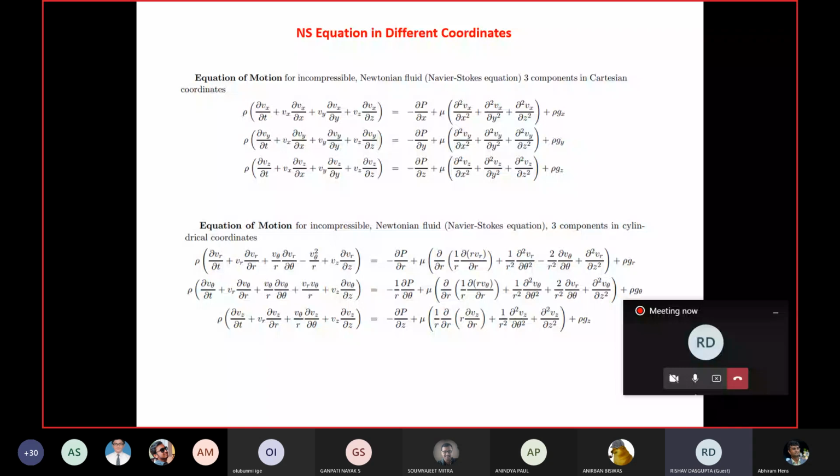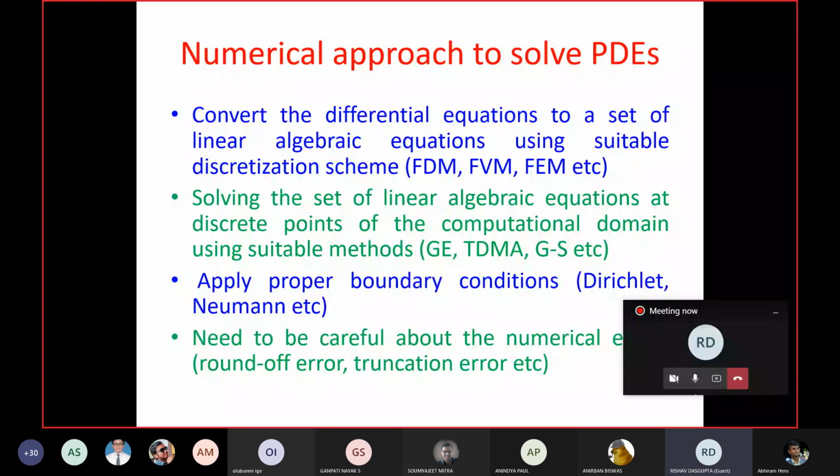So the first step is to convert the differential equation to a set of algebraic equations with the help of a suitable discretization scheme, known as FDM, FVM, or FEM. Now, after getting the set of algebraic equations, you need to solve them.